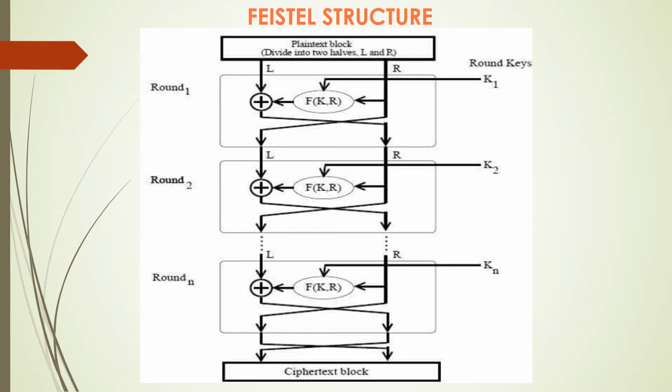Here the plain text is divided into two equal halves, right half and left half, and from the right half we have to apply a function. The function may be any logical function.